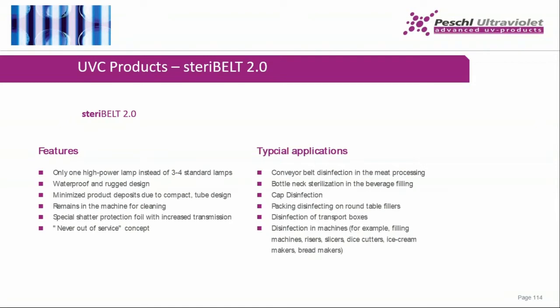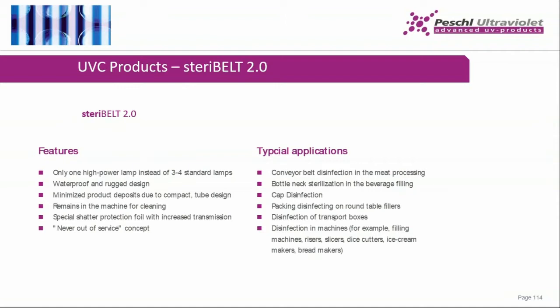If we use 254 nanometer, we have to take care that the light reaches the surface. If we have a high transmission loss, and this is typical with the standard foil other companies use for splinter protection, then we have a problem with less UV radiation and not so good results. Therefore, we have created a special foil that does not have such a high transmission loss.